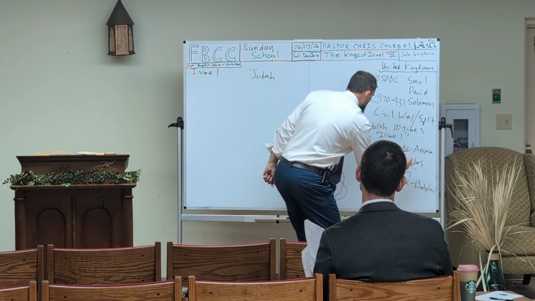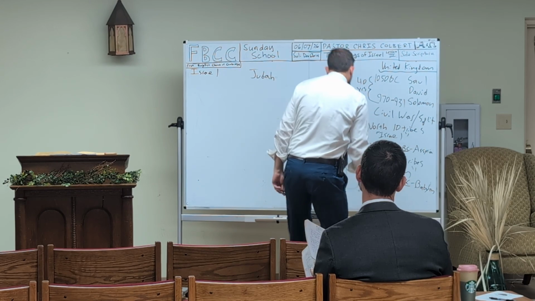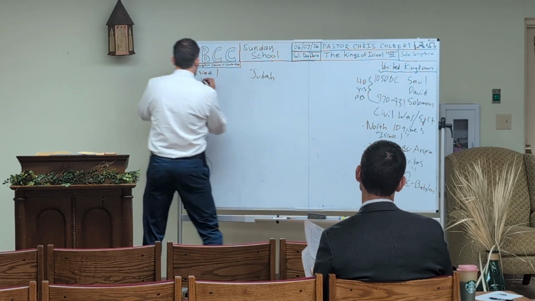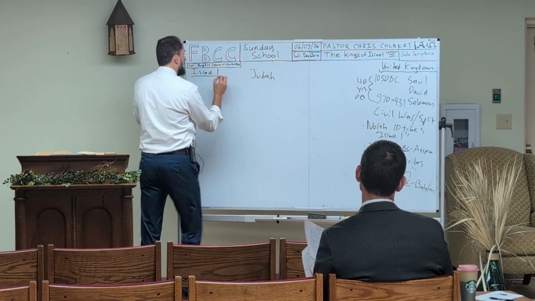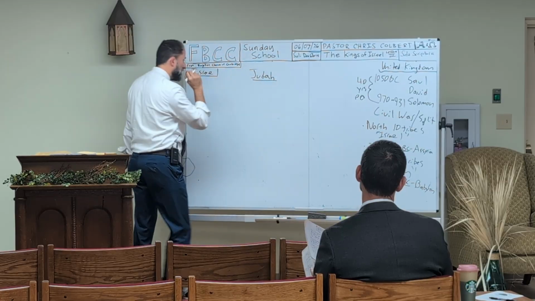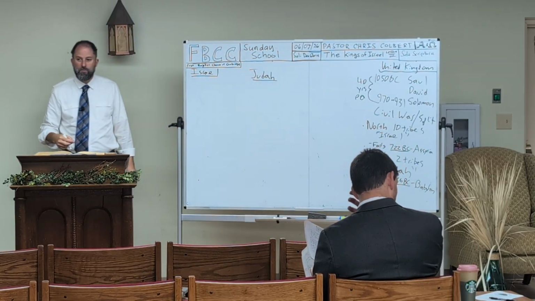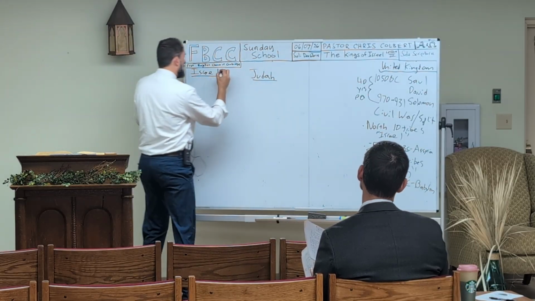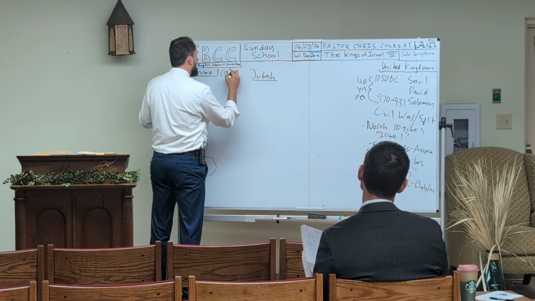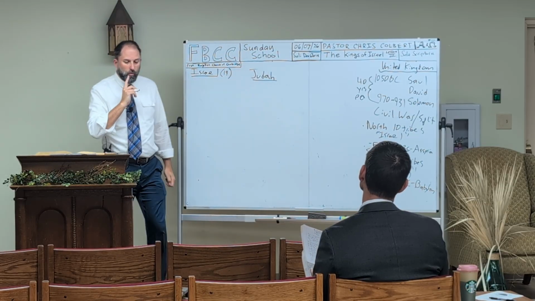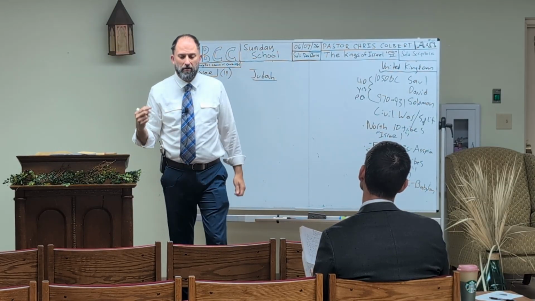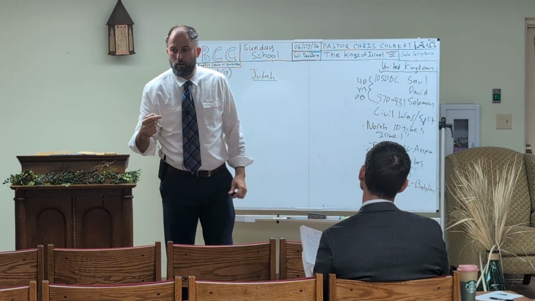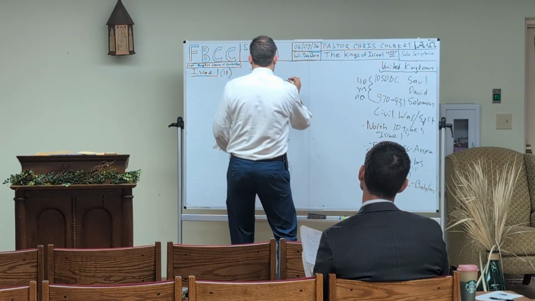I'll underline that, 722, 586. How many kings were there in Israel, the northern kingdom? Good. So 19. How many in Judah, if you include the female usurper who was a mother of a king who took the throne for a while? Good.